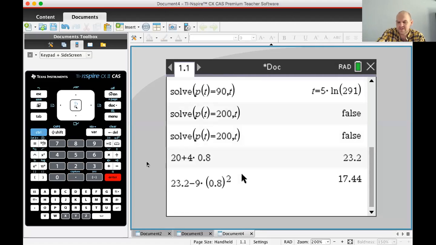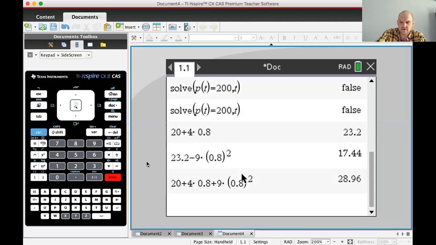Let's just, for vanity purposes, add it and see if I got that. Plus 9 times 0.8 squared, 28.96. So had I done it right, I would have gotten it right, but I was supposed to subtract it, and therefore I got it wrong. I'm going to do some change-ups with a different color, so when I flip back, you'll be able to see what happened.